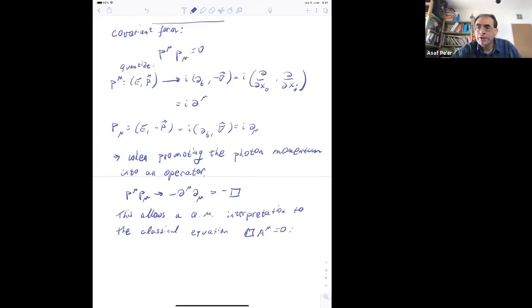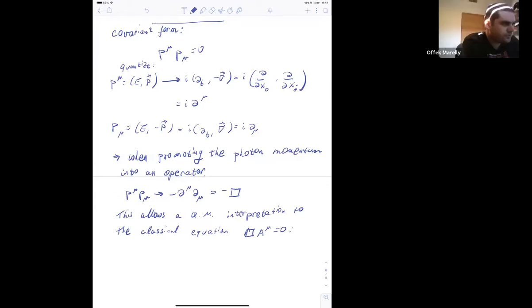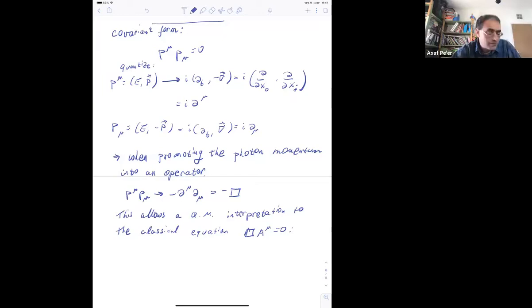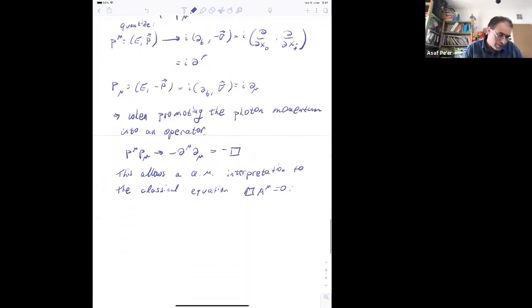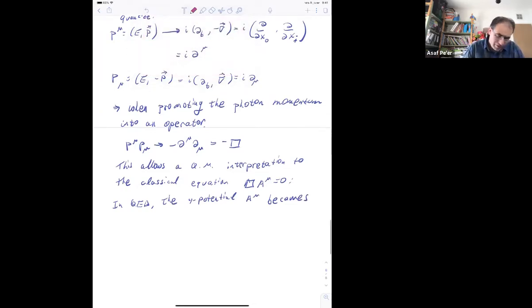If it's an operator, then it operates on what? A vector or a function? On the wave function, right? So in QED, the potential A mu becomes the wave function of the photon.